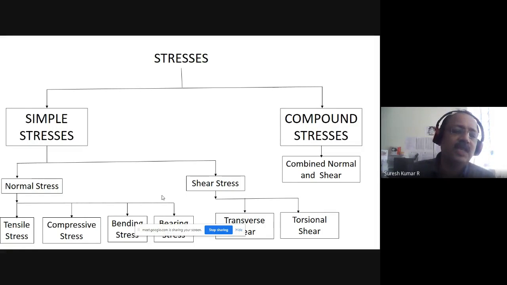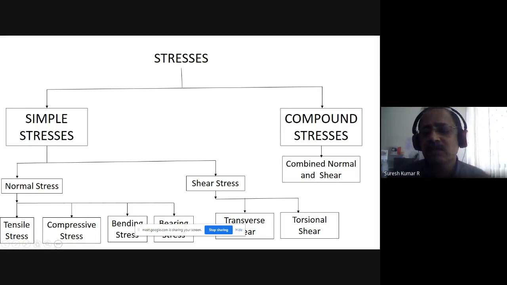If a force is acting perpendicular to the plane, then it is called normal stress. If the stress is acting along the plane, it is called shear stress. Under normal stress, we have tensile stress, compressive stress, bending stress, and bearing stress. Under shear stress, we have transverse shear and torsional shear.